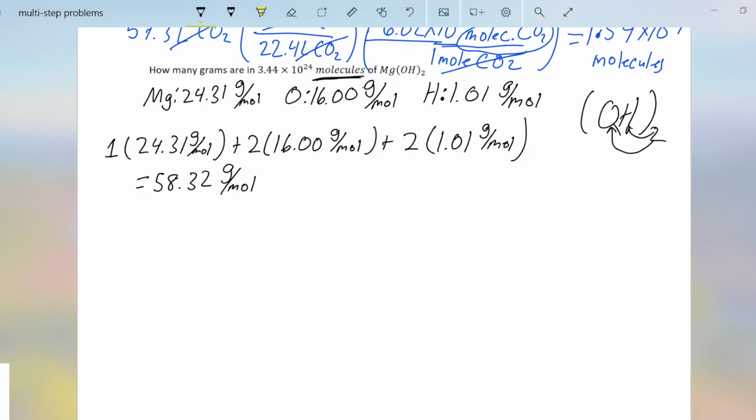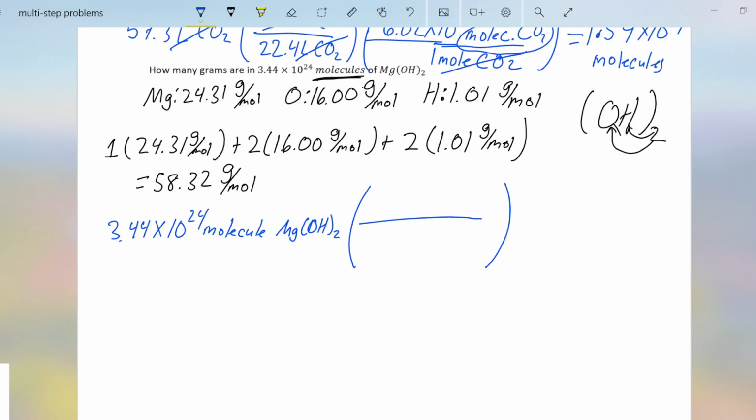So my number of formula units of MgOH2 is 3.44 times 10 to the 24th molecules of MgOH2, times, so I do my first boat, is times 1 mole. We are going to mole island from FU island.